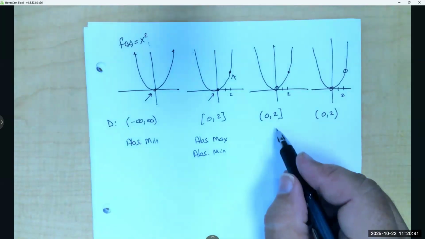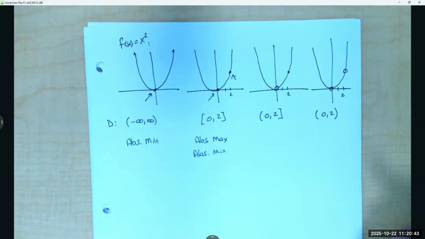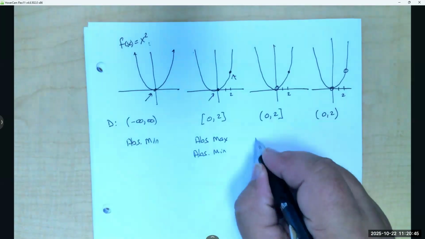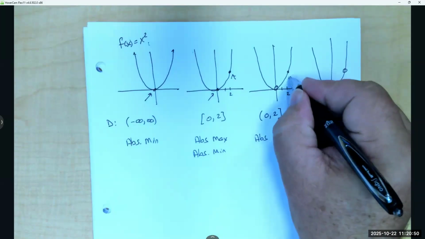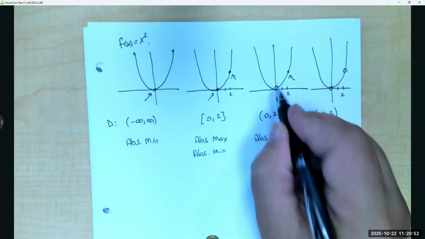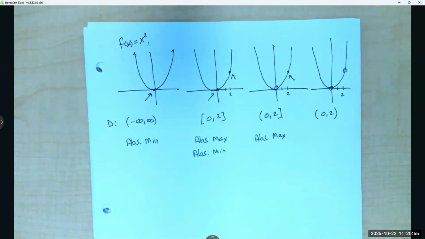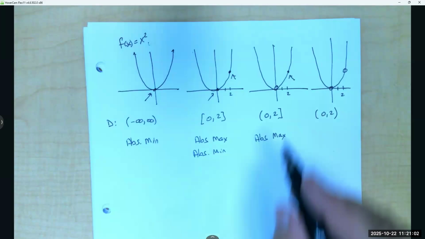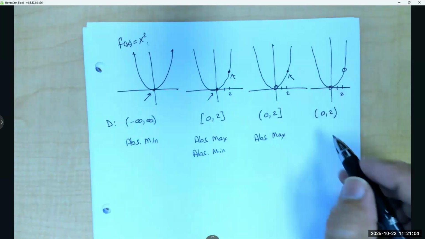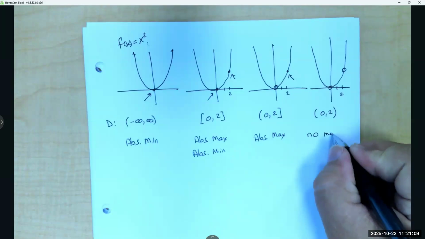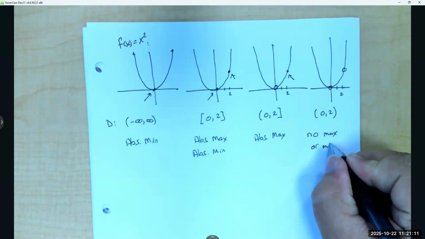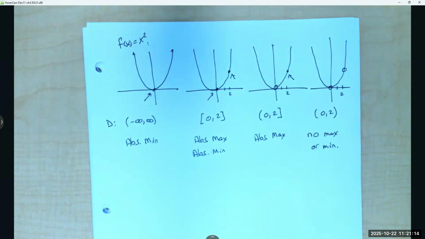How about this one? A max. We only have an absolute max because we can never get to the lowest point here. We can always go 0.000000001, 0.00000. So we will never get to the value 1, so we don't have a minimum. And since both of these are open, no max or min, because we can never get to the endpoints.